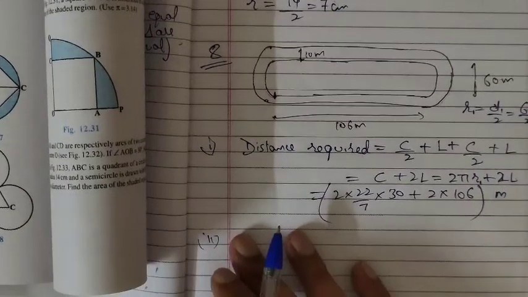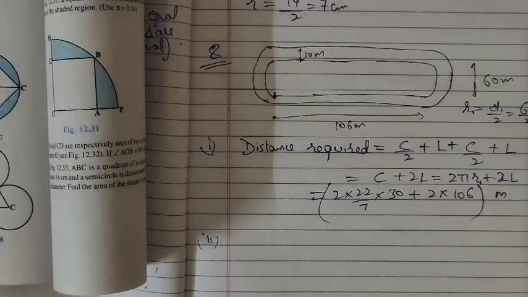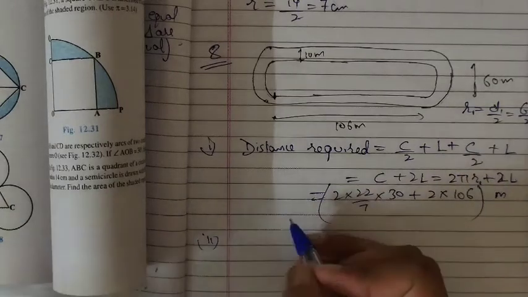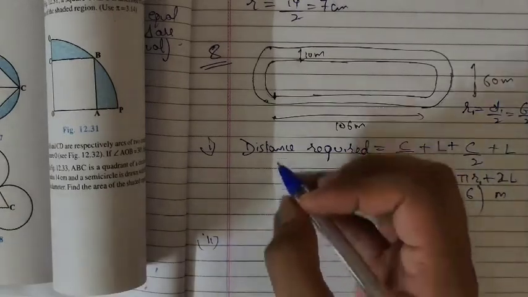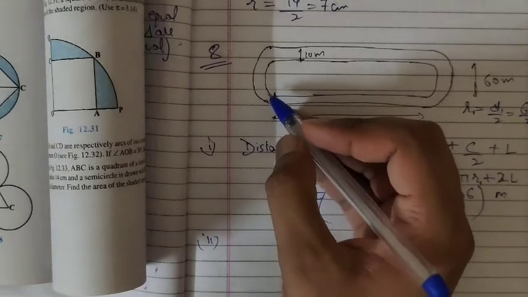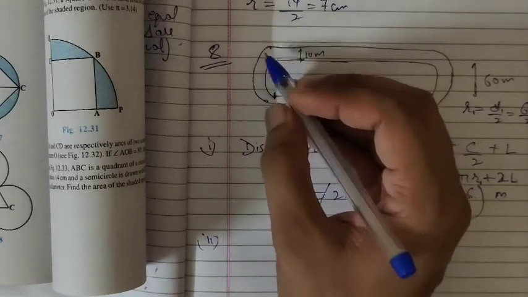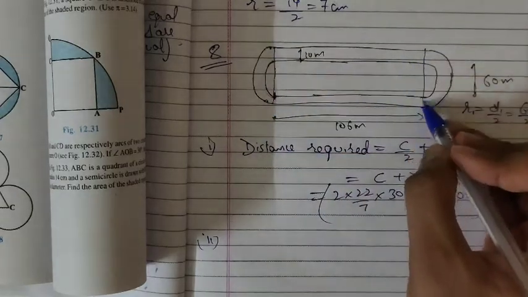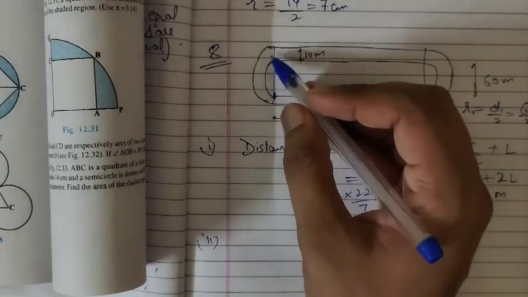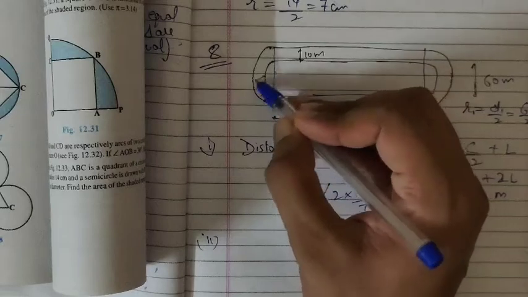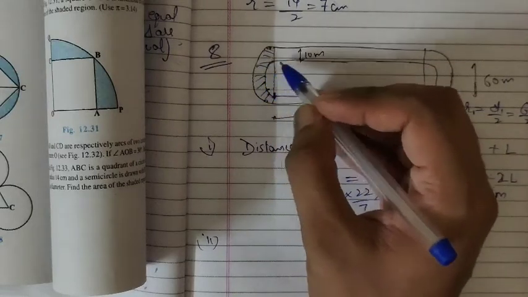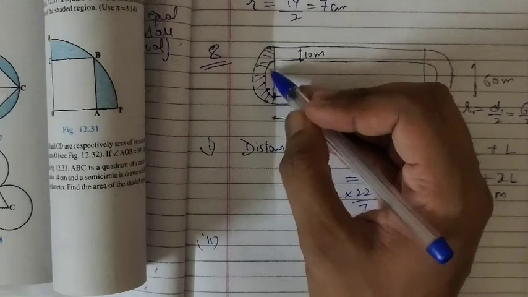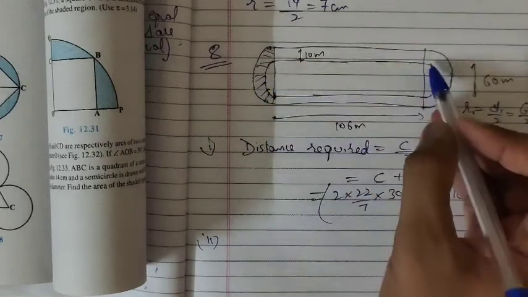Next, second part. In the second part it is given to find the area of the track. Now the area of the track: if I consider this as two semicircles, the area of this portion will be the outer semicircle area minus the inner semicircle area, and twice of it will be this one.